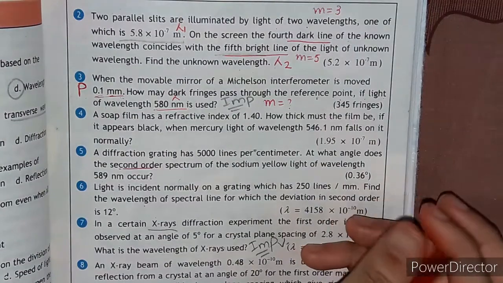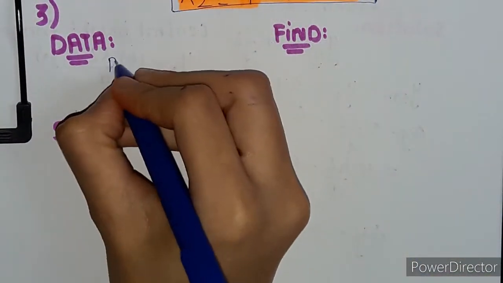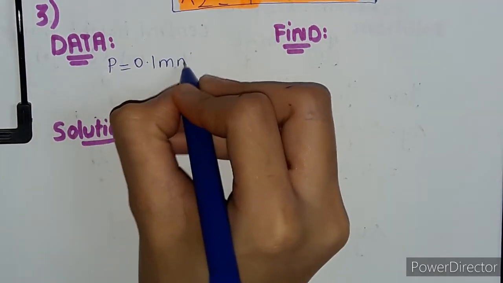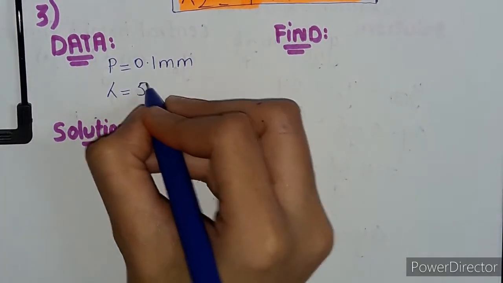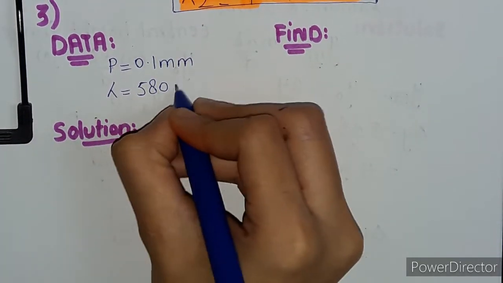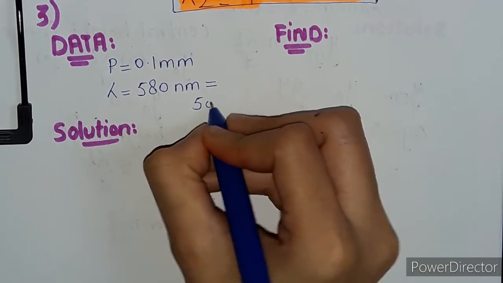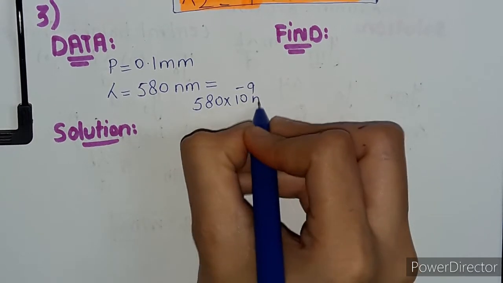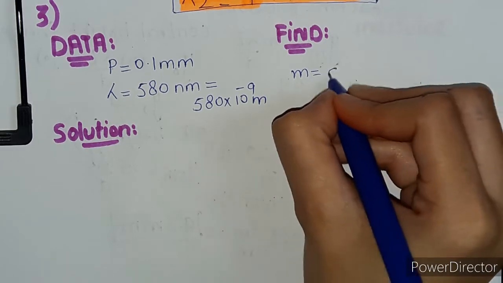So now moving towards the data and solution. With the value of p, which is 0.1 millimeter, and the value of lambda equal to 580 nanometer. By converting it, 580 multiplied by nano, 10 raised to power minus 9 meter, and we have to find the value of m, dark fringes.